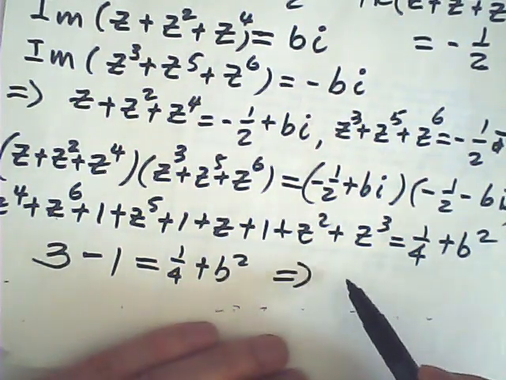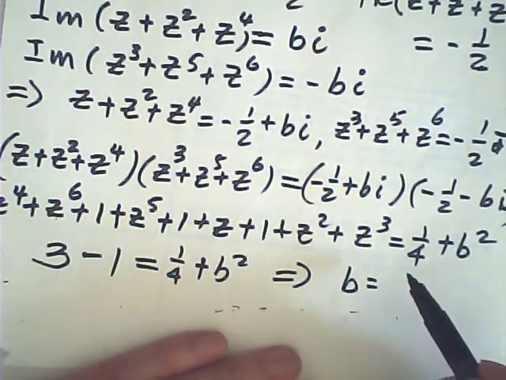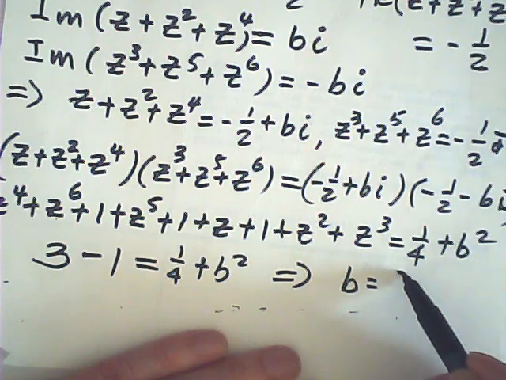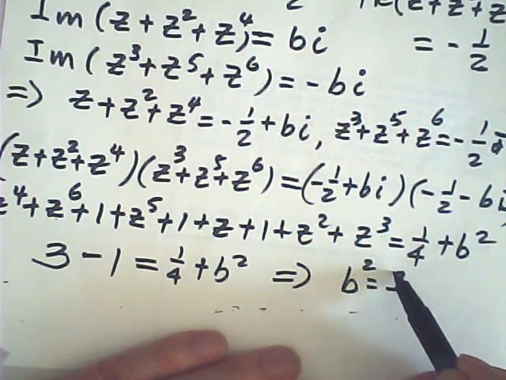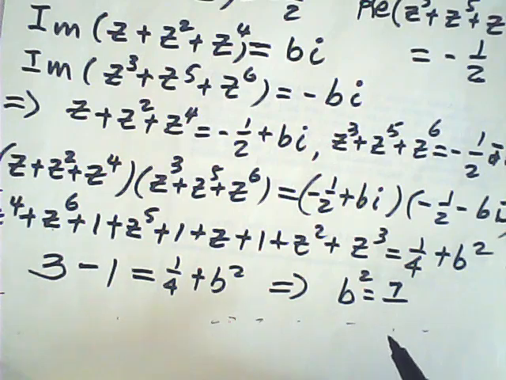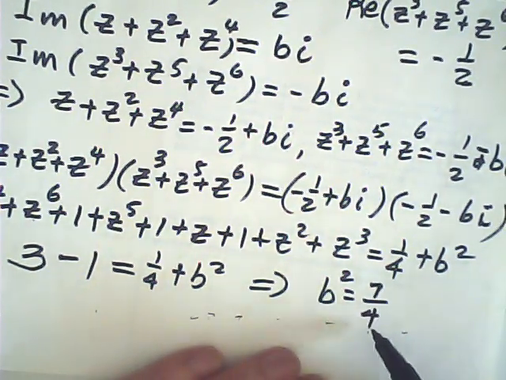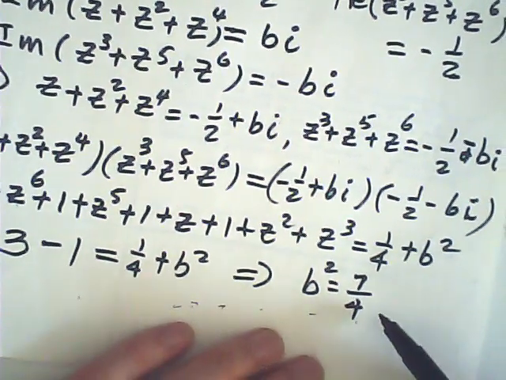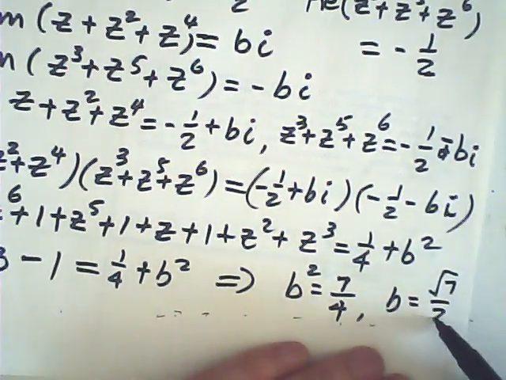So this is the reason it is going to be equal to b squared. Okay, b squared is equal to 7 over 4, right? 7 over 4. So b is equal to root 7 over 2.